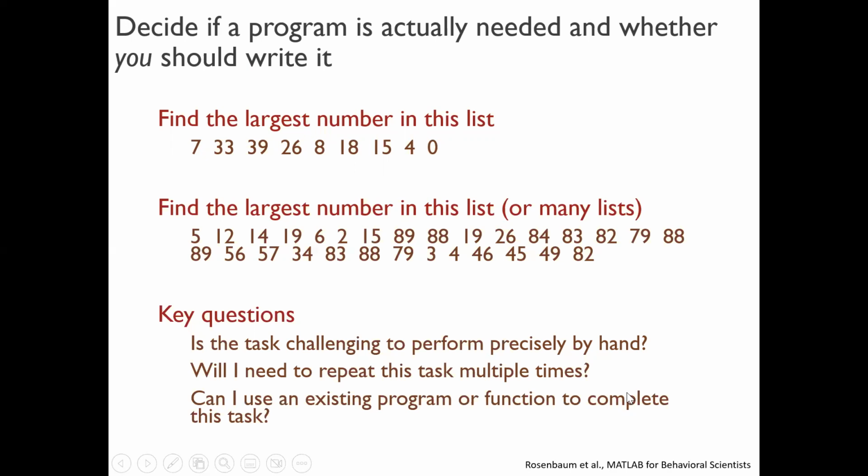And then finally, the question about whether you should write it. There are probably millions now of examples of existing bits of code that either other people have written or functions that already exist in MATLAB, for example, that can perform these types of tasks. Right? So if I have a list of numbers and I need to find the largest number, there's a function in MATLAB called max that will do just that.